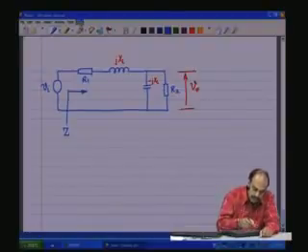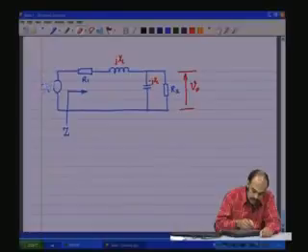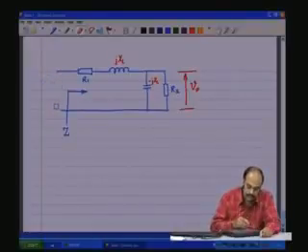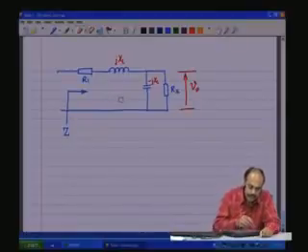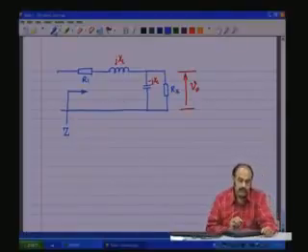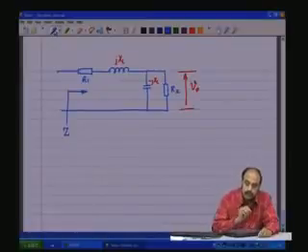So, which basically means that if this was not there, we just have this portion of the circuit and we would like to see what we are seeing as an impedance from here to the output portion.